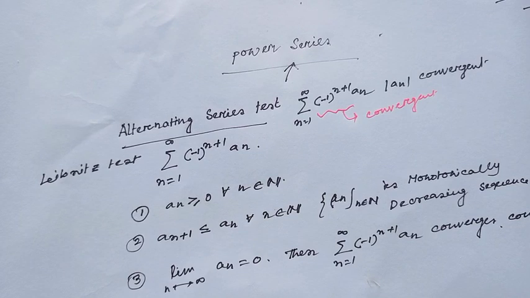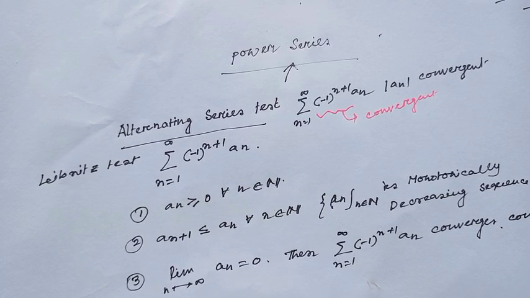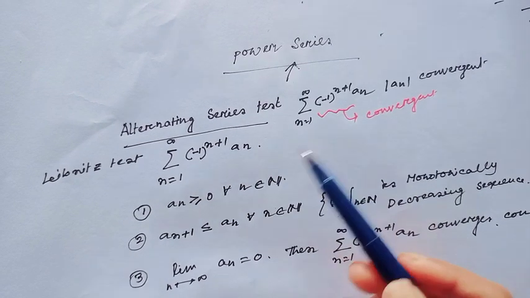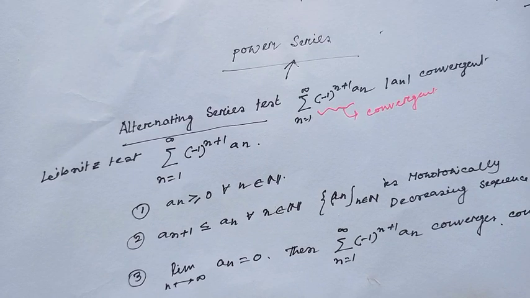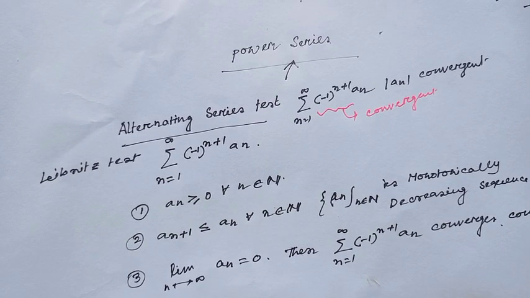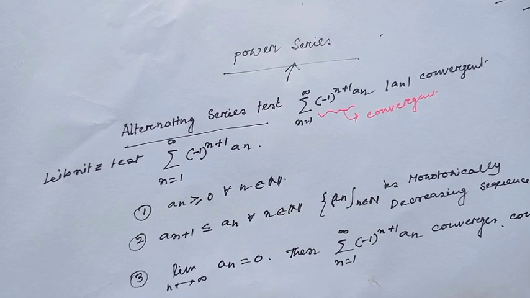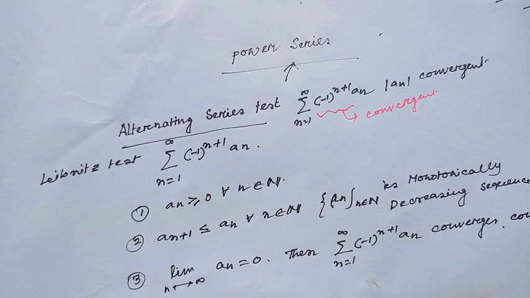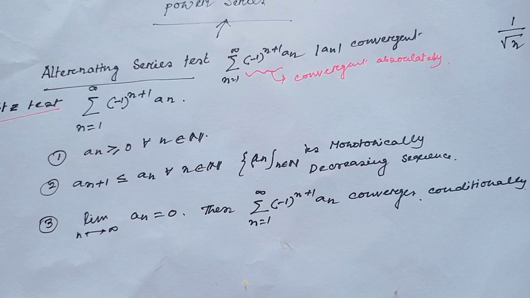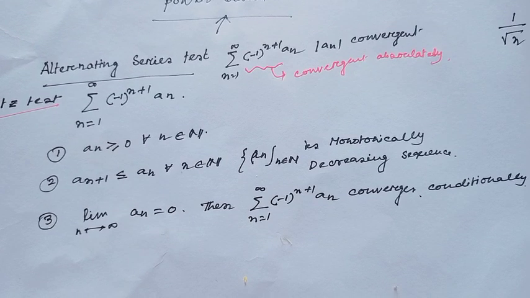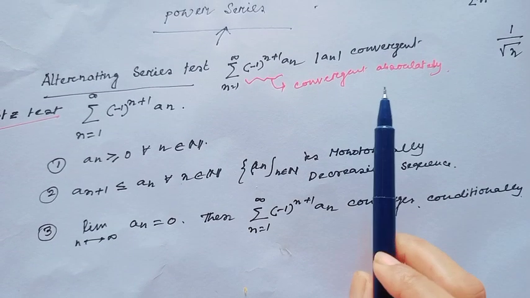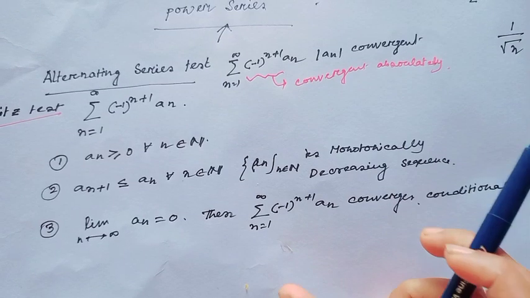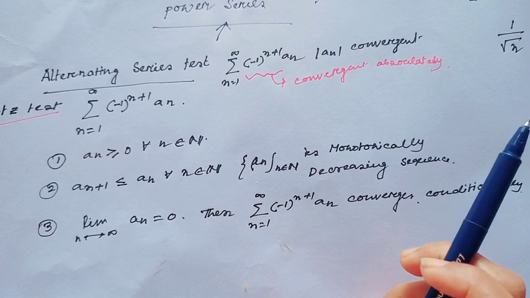The first test is the alternating series test. All of us know this type of series. It looks like the sum from n equal to 1 to infinity of minus 1 to the power n plus 1 times an. And if the absolute value of an is convergent, then we can tell the series is absolutely convergent.